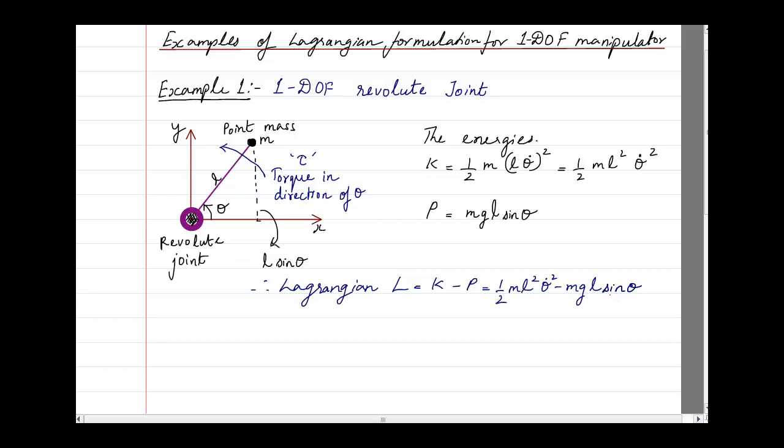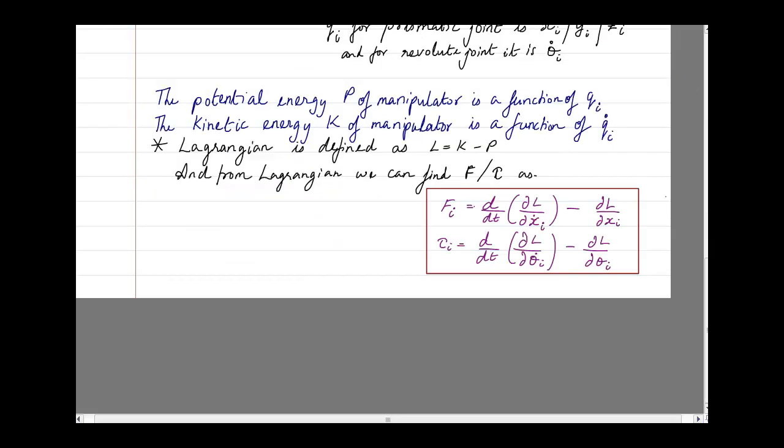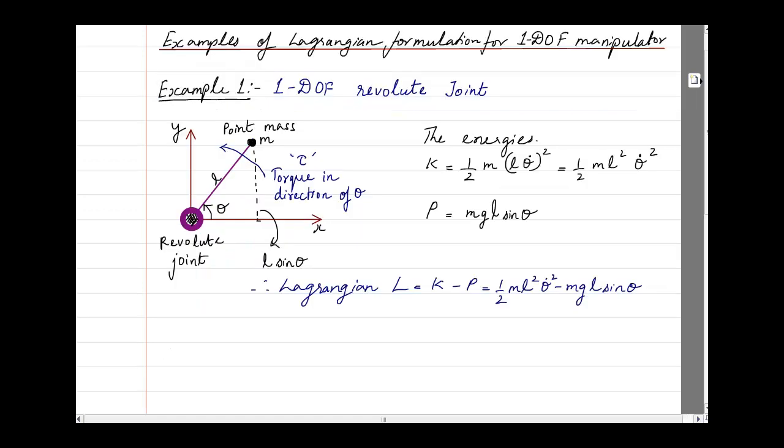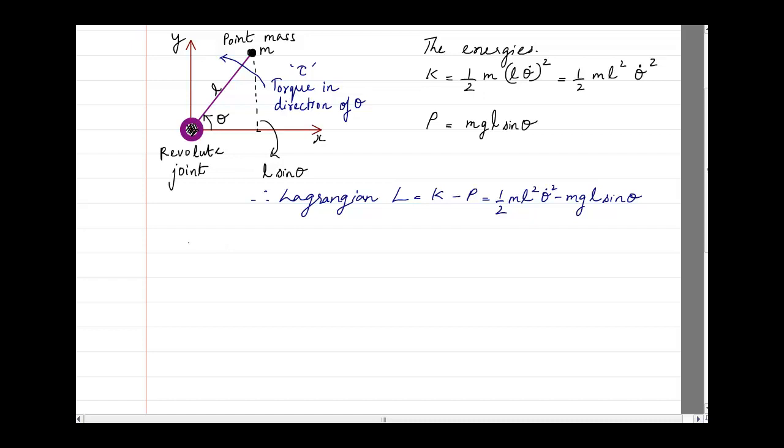Okay, so now we have got the Lagrangian, and once we get the Lagrangian, using the formula that we have already seen here, we can write the torque, isn't it? We can write the torque using this formula, but first for that I have to do partial differentiation. So I am going to first differentiate L with respect to theta.